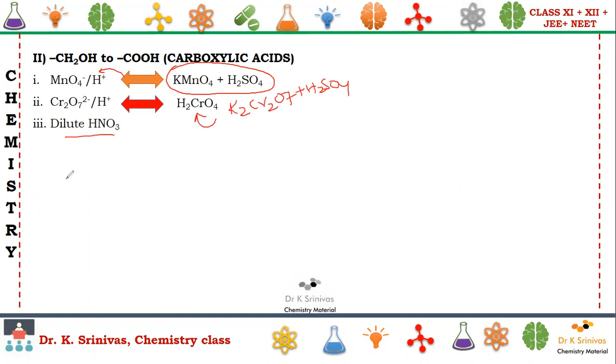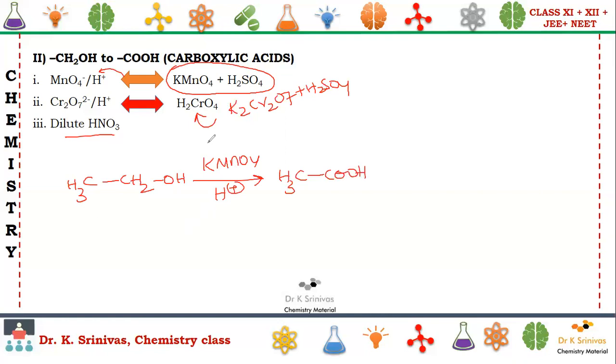Now let us try to understand this conversion. So how are we going to do it? I will write CH3CH2OH. I am taking the simplest compound for your better understanding. On reaction with KMnO4 (MnO4-) in the presence of H+, it results in the formation of CH3COOH, acetic acid: ethanol to acetic acid.